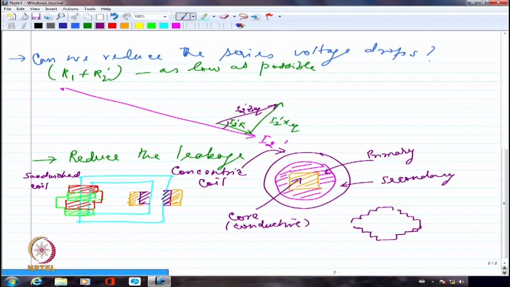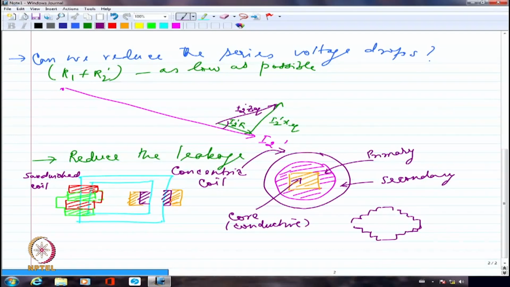Higher the voltage, I will require a higher separation distance. So if it is lower voltage rating, I can put it closer to the core, whereas if it is larger voltage rating, I better put it away from the core. So the larger voltage rated winding will be placed in the outer concentric circle, whereas the lower voltage rated coil will be placed in the inner concentric circle. So this is one of the ways of decreasing leakage reactance.